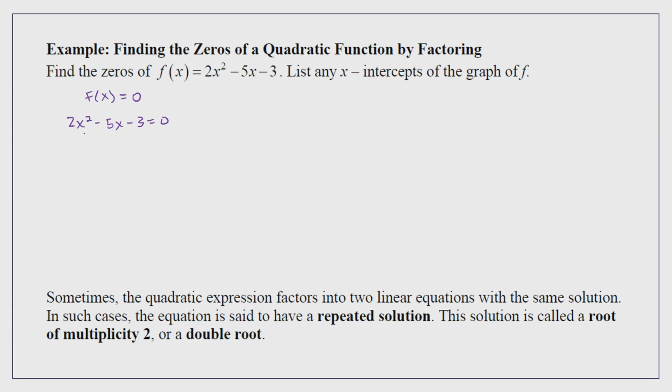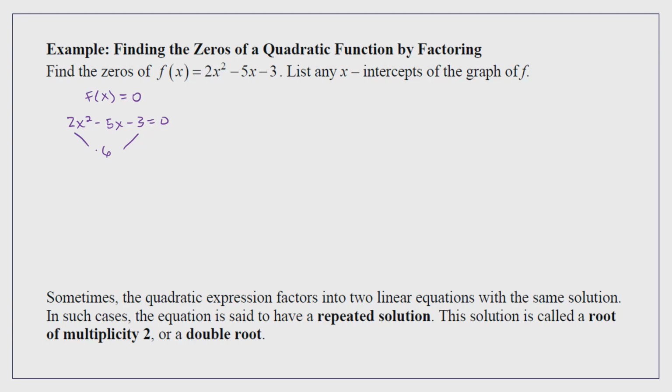Now we multiply the leading term 2 by 3 to get us 6, and 3 is the constant term. Now we need two values that multiply to get us 6 but add to get us negative 5.